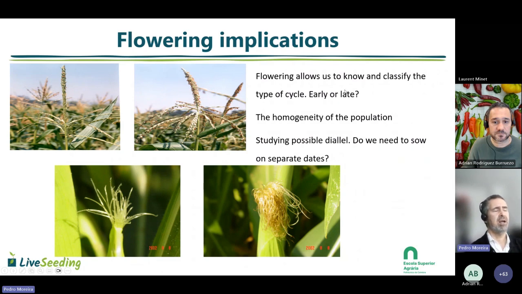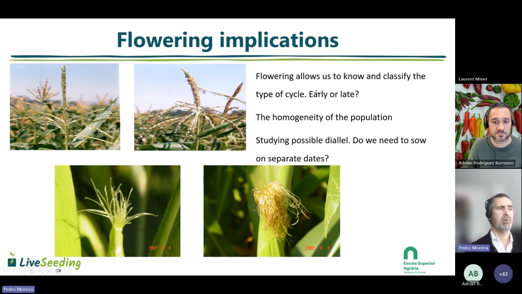It means that they are early maturing types, or late or very late maturing types. The flowering also, as I mentioned in the last session, can indicate how homogeneous the population is. For instance, if you go for a hybrid that is almost a clone, you will see that they flower almost at the same time. There's a very strong synchronicity.